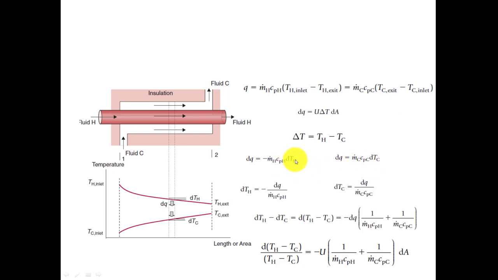So from these equations, dTh will be equal to minus dq divided by mh Cph. We have done very little shuffling, nothing else, and we have taken a negative sign because the heat is decreasing. That's why we have taken a negative sign.